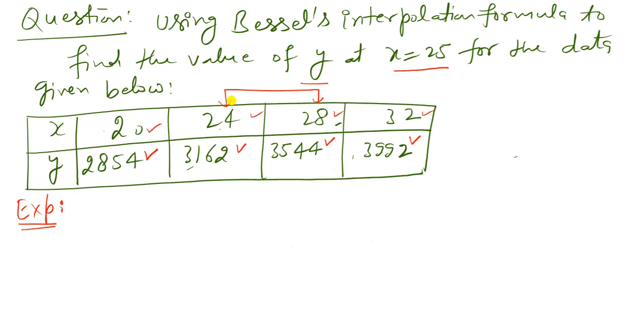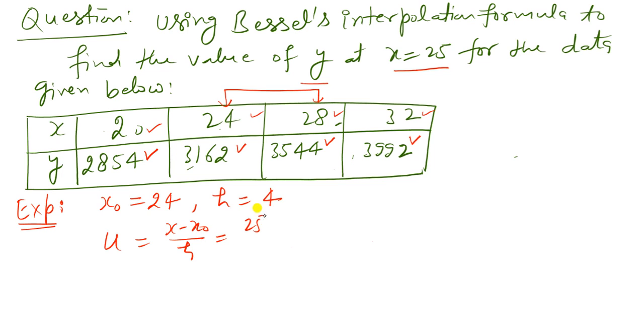So in that case, we consider the initial argument x naught is equal to 24 because 25 is near to 24, and the interval difference h is equal to 4, so the value of u is equal to (x minus x naught) upon h.